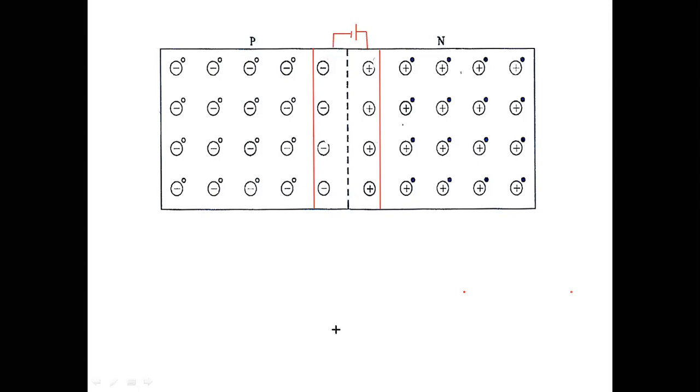If it is germanium, the voltage is 0.3 volts, and if it's silicon, it is 0.7 volts. Let us suppose I'm talking about silicon.